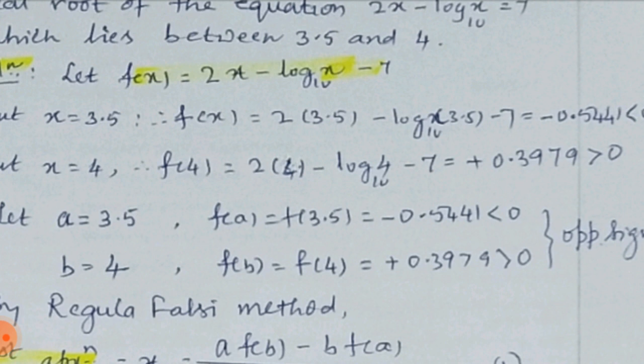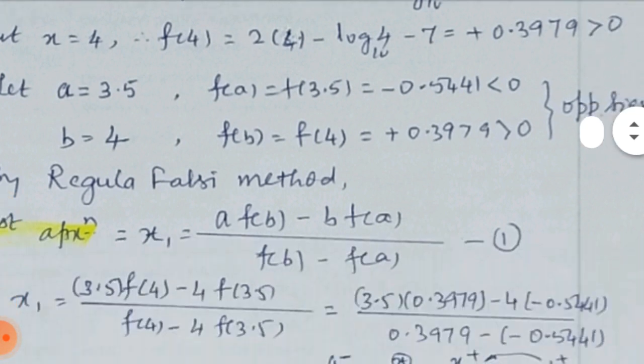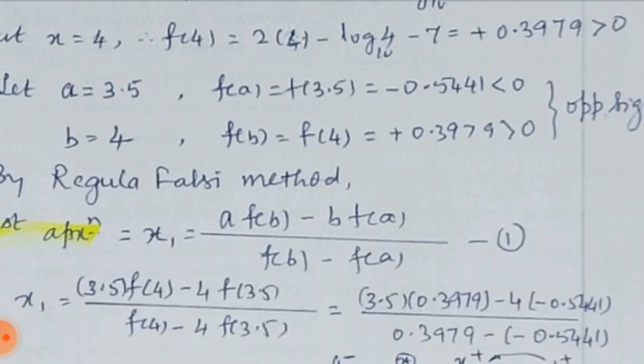By regular falsi method, the first approximation is given by x1 is equal to a into f of b minus b into f of a divided by f of b minus f of a. Call it equation 1.